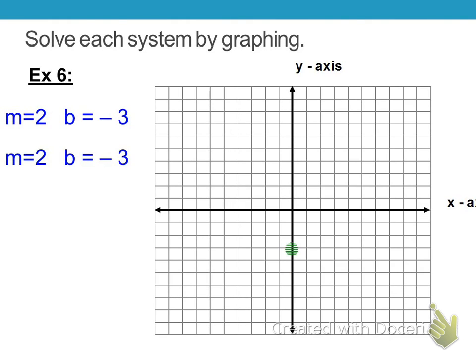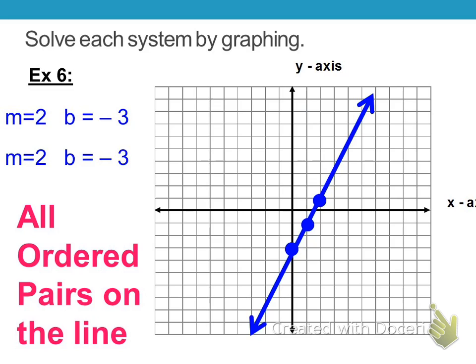If you start at -3 and rise to run 1, and then you start at -3 and you rise to run 1 again, do you see how the two lines are just right on top of each other? Okay? So I have all ordered pairs on the line as my solution.